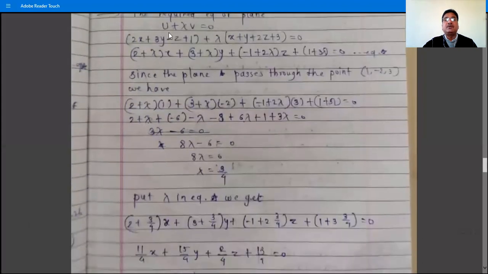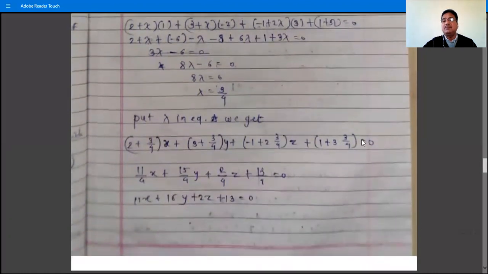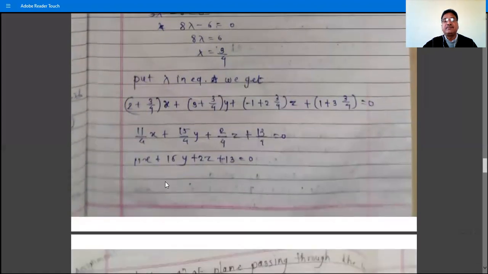So (2 + 3/4)x + (3 + 3/4)y + (-1 + 2·3/4)z + (1 + 3·3/4) = 0. Here 4 is the LCM: 11/4 x, 15/4 y, and -4 + 6 is 2/4 z, and 4 + 9 is 13/4.